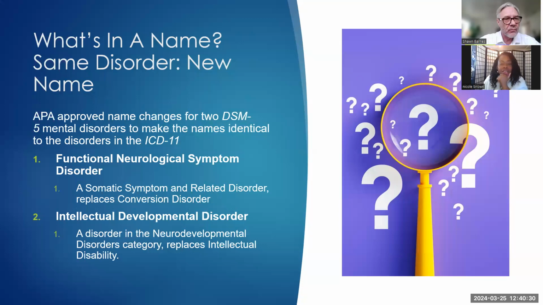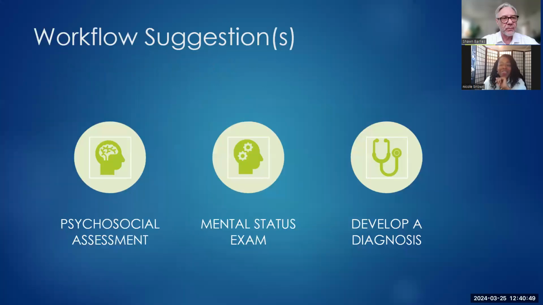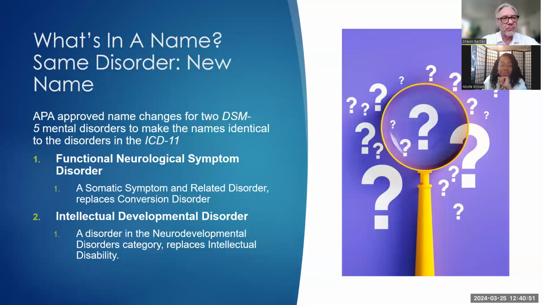So the APA approved name changes for two disorders. Functional neurological symptom disorder used to be conversion disorder. Now you're going to call it functional neurological symptom disorder. I'm sorry, I'm kind of chuckling a little bit here because I'm like, well, that's a mouthful. A lot of these are a mouthful.